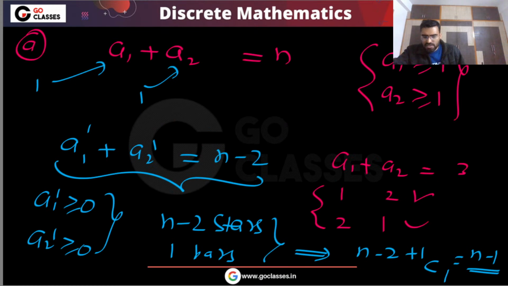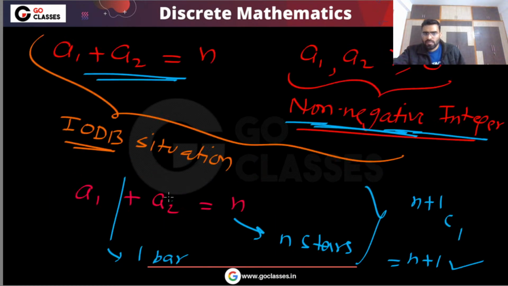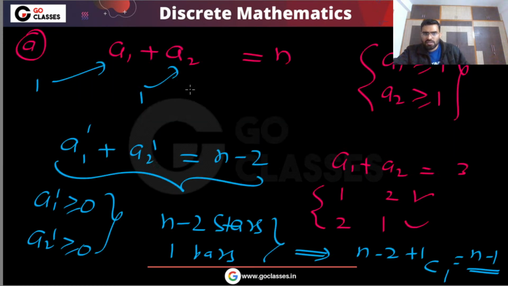Remember, IODB means non-negative integer solution problem. But in this question, the question is asking for the positive integer solution problem. So that is the reason we are directly giving 1 to a1 and 1 to a2 from this n. Remaining are n minus 2, so n minus 2 stars and 1 bar. This is the answer.